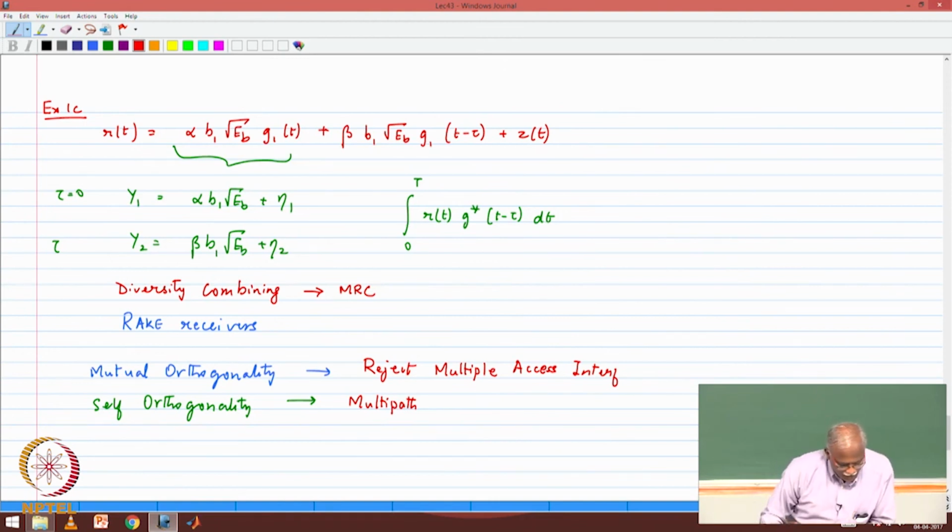Now we move into an interesting discussion, and hopefully this will start to build the intuition regarding the sequences themselves. The question that we now ask is, where do we find such sequences? It is all nice to write down mutual orthogonality and self-orthogonality, but I need to find these sequences.